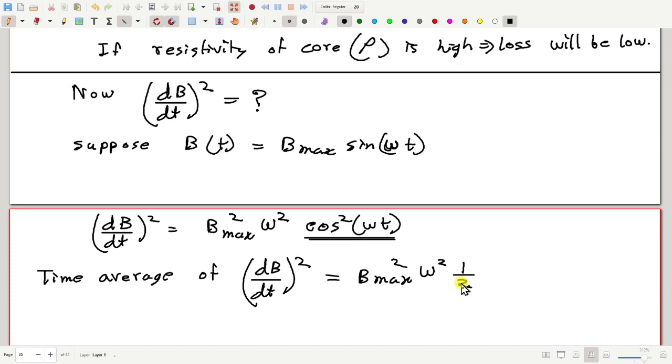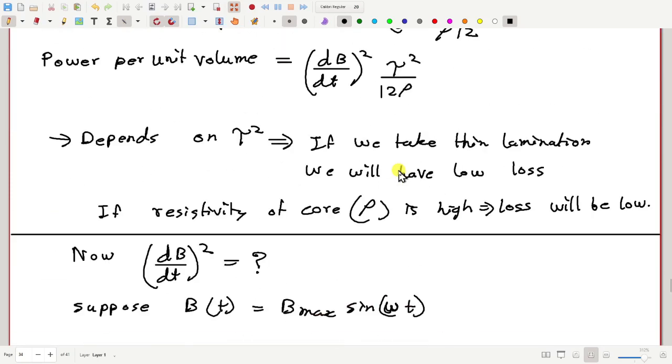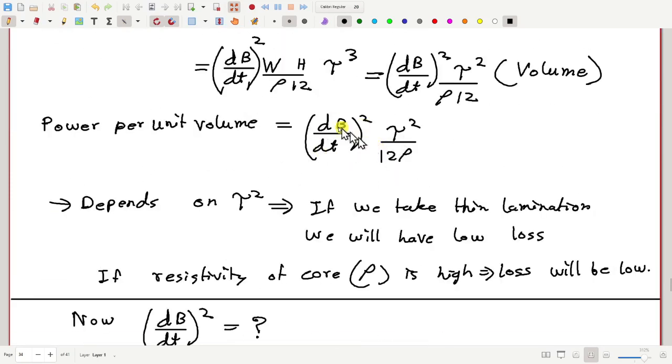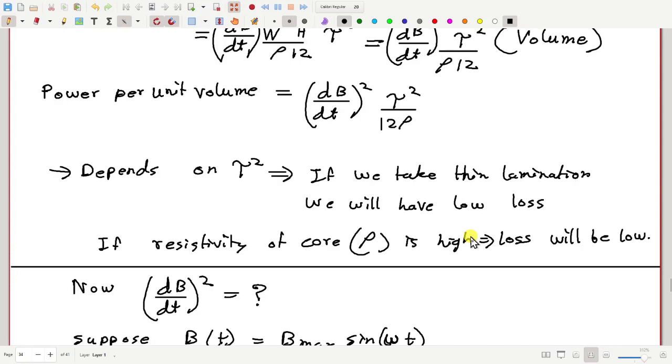Excellent. Okay, so therefore the average power loss, average power per unit volume, that will be, so let me put this value in this expression here. If I put it, I will have this term B max square omega square by 2. I think I have missed some coefficient somewhere.